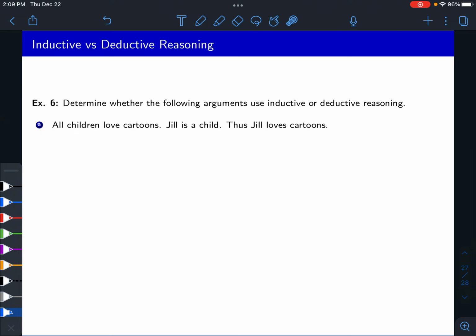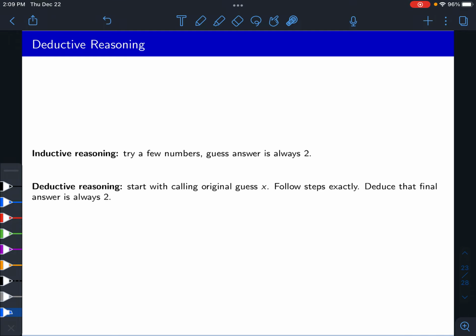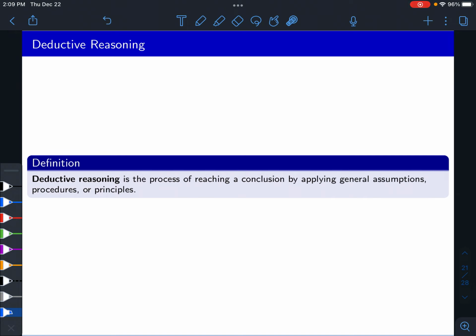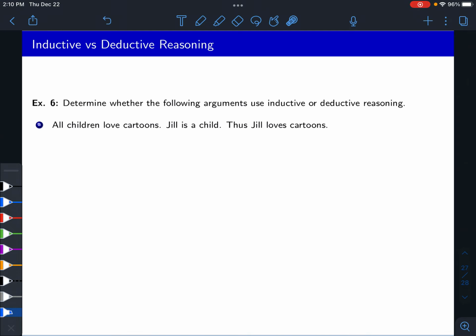That is an example of deductive reasoning, because going back to the definition, we're reaching a conclusion by applying our general assumptions, procedures, and principles. We are applying the assumption that is given to us and then reasoning from those assumptions that Jill must love cartoons.